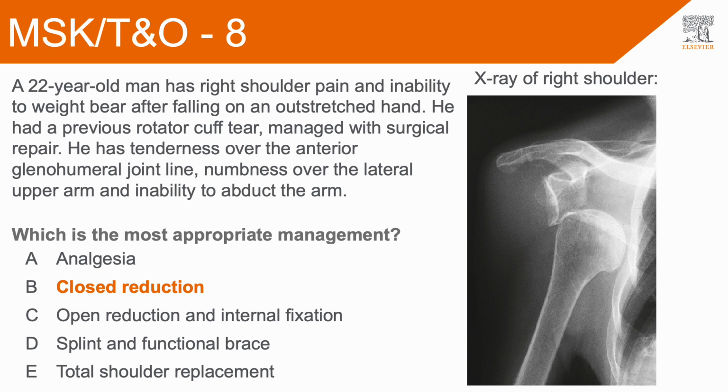Here, the correct answer is B, a closed reduction, as these findings are suggestive of anterior shoulder dislocation.